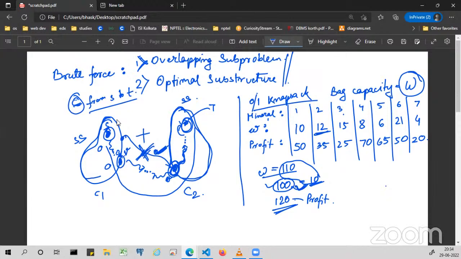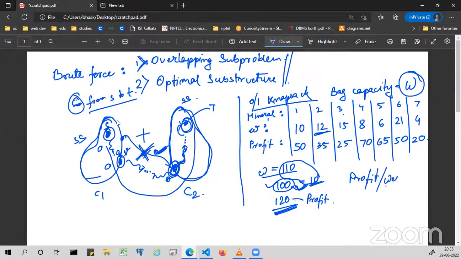But when I pick up multiple such small minerals together, the total sum of the profit increases, right? So you cannot simply take a mineral because its profit is more. So a greedy approach like that doesn't work. Another thing that you may say is, okay, let me do one thing. Let me just take the average profit per unit weight, right? So basically I'm finding again a new array or a list where I store the value of profit per weight.